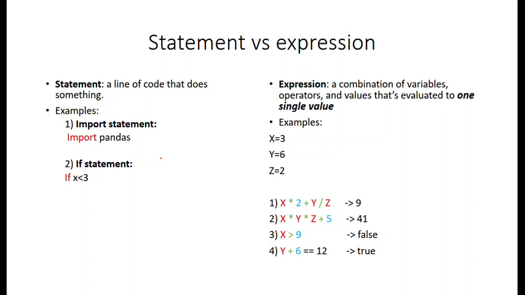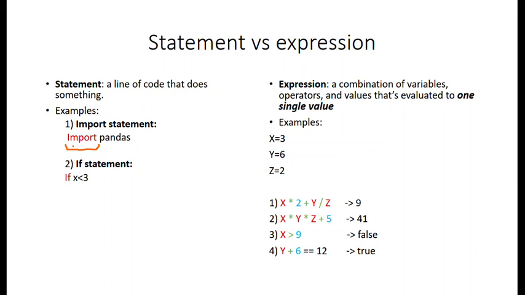For example, here we have the import statement, written using the import keyword, followed by, for example, a library like pandas, which we will talk about later. For now, just focus on the import part. We use the import keyword and then something. That's a statement. That's an order.